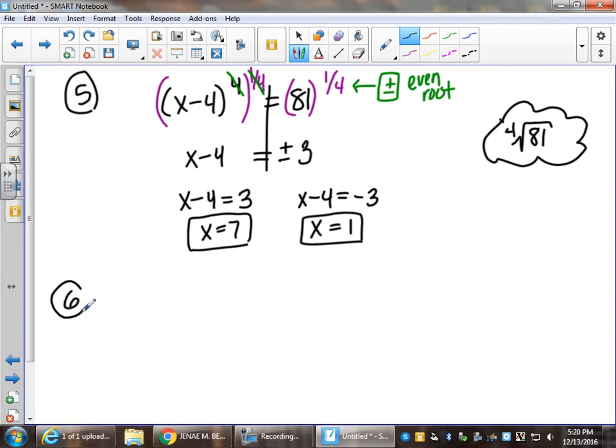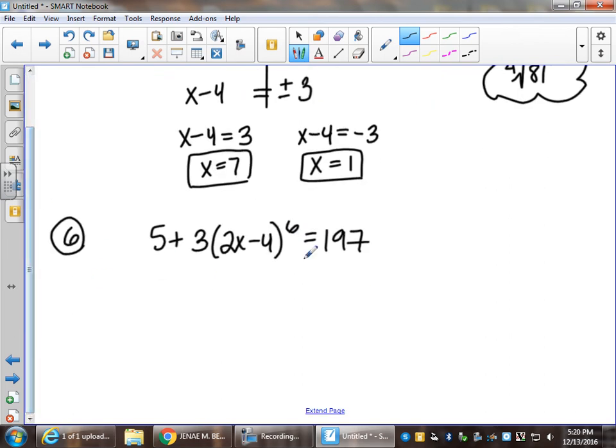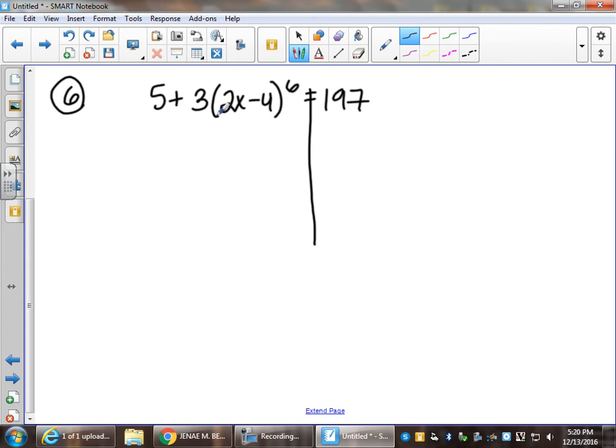Number 6. 5 plus 3 times 2x minus 4 raised to the 6th power equals 197. Put a line down our equal sign. We're going to work on isolating this piece right here, this power piece, so to speak.